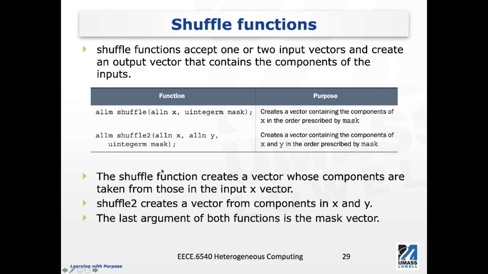So what we're seeing here, from this definition and also the examples, is that we're not creating new values in the output vector, in the sense that we're just shuffling the original values from these input vectors based on the mask, and then creating a new output vector.